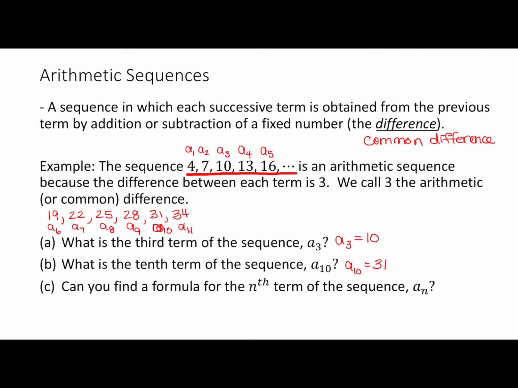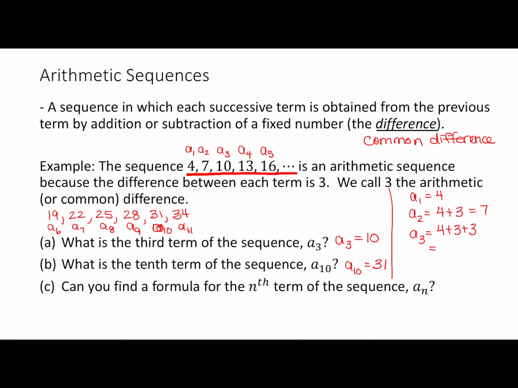So I'm going to try to squeeze some work in here. I've got A1 is 4. How did I get A2? Well, I took 4 and added 3, and that gave me 7. For A3, I took the previous term, which was 4 plus 3, and added 3 again, which gave me 10.